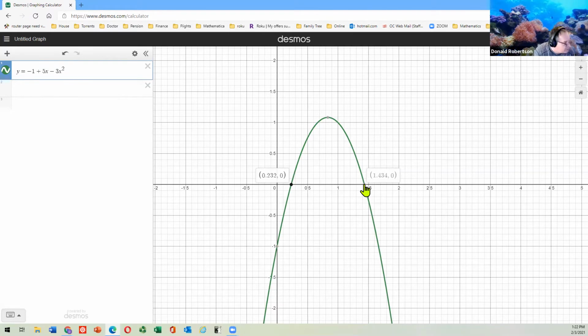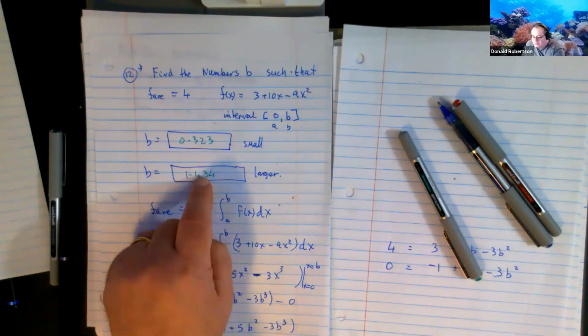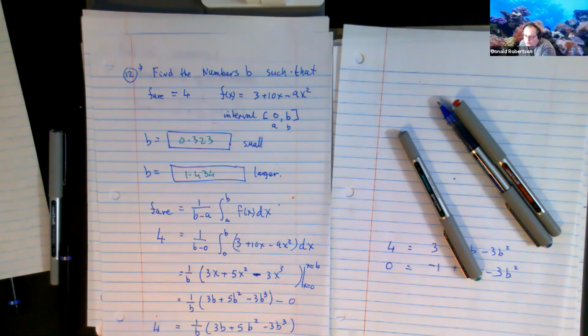So the small one is 0.232, and the bigger one is 1.434. And we've solved the problem. Well, at least to 3 decimal places. And if that's all they were wanting, there you go.